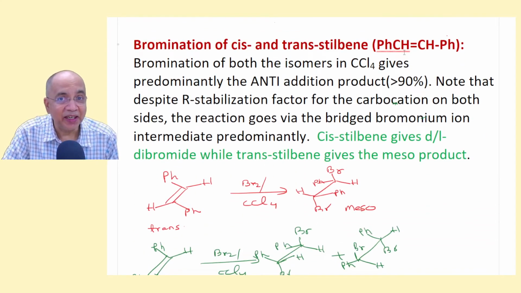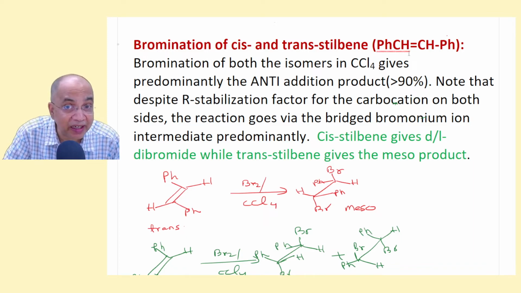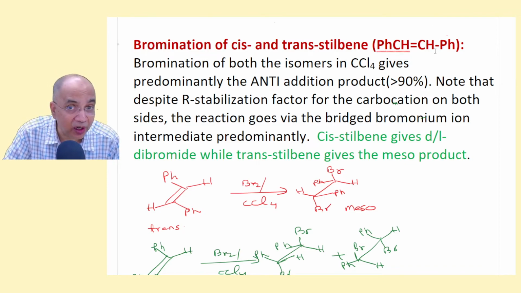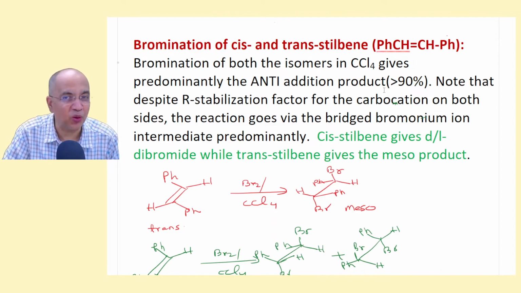Even if it is a symmetrical compound like stilbene, that is diphenylethylene, there are two phenyl groups, so there will be a lot more resonance stabilization. Even then, the anti-addition product is found to be dominant. That points to the wonderful mechanism that is happening.